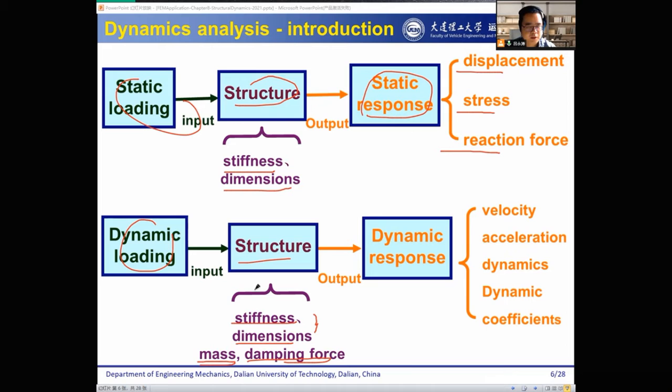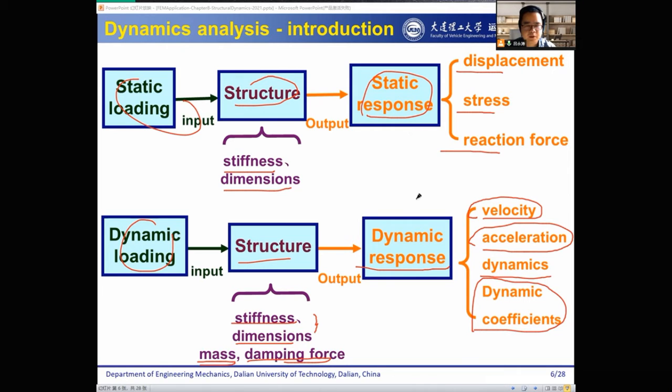Then our outputs from the dynamic response are the velocity and acceleration of the structure, and some dynamic variables: dynamic stress, dynamic strain, dynamic displacement, and also some dynamic coefficients. So the outputs from the dynamic analysis are different from the static analysis.